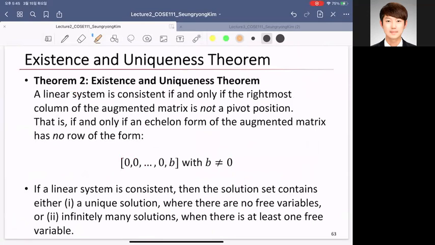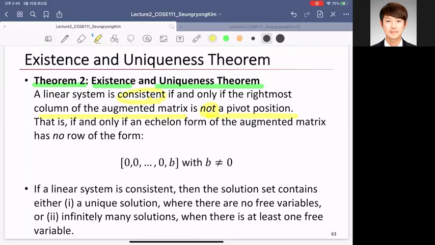Okay, so we will see the second theorem, the existence and uniqueness theorem. This theorem means the following. A linear system is consistent if and only if the rightmost column of the augmented matrix is not a pivot position.